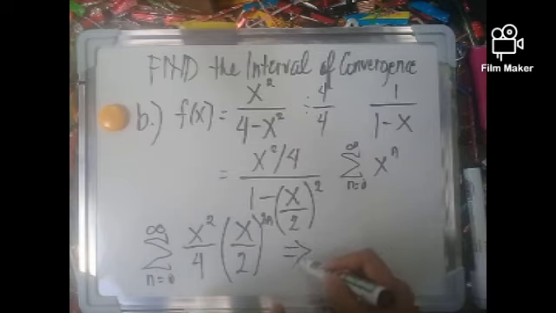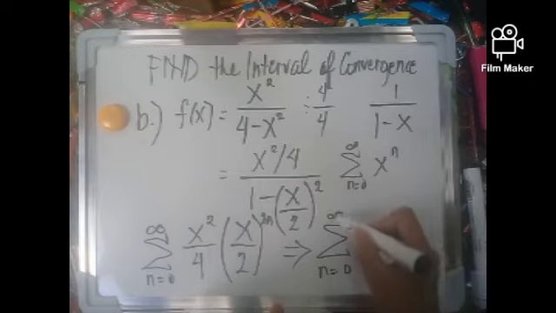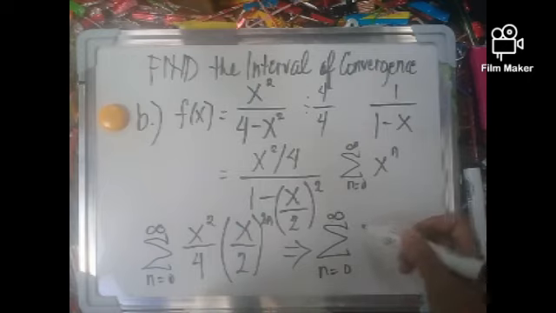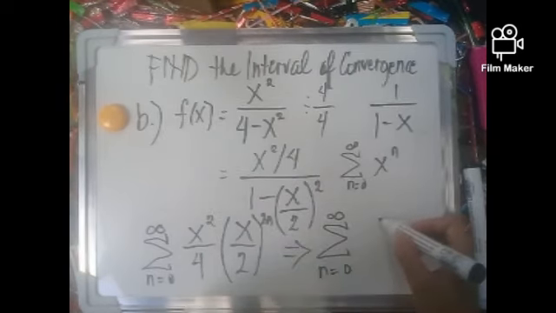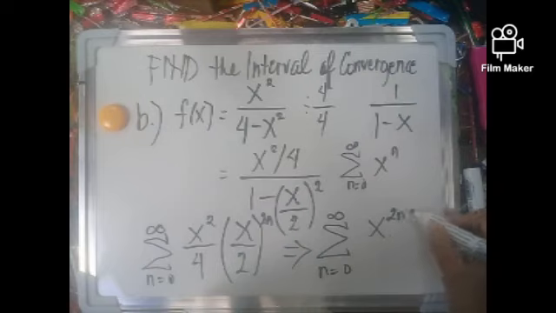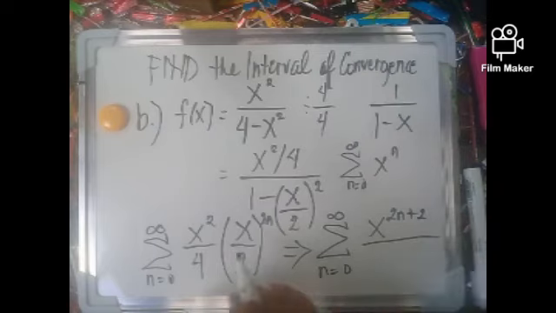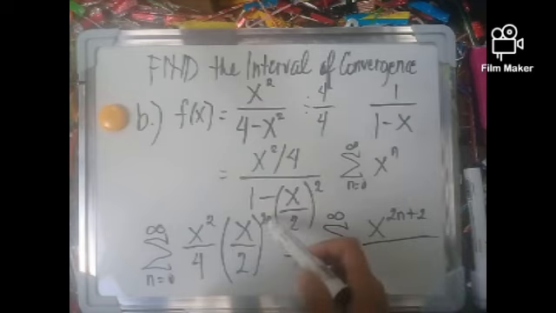Hindi pa nagtatapos dyan ang lahat. Kung sasama-samahin pa natin ang kanilang mga x's, so, we have the series of, paano natin sasamahin ito? So, we have x raised to 2 times n plus 2. Tama? And then, it will become 2 raised to 2n is 4 raised to n.